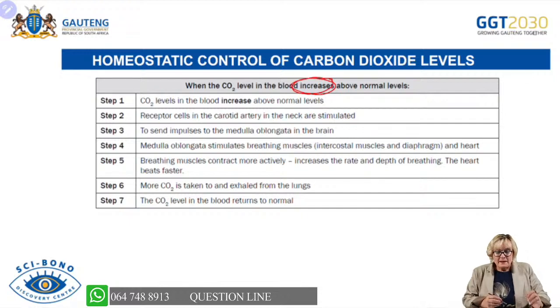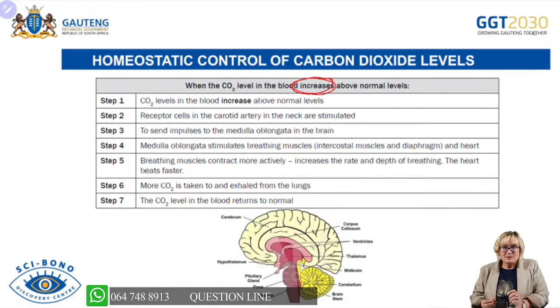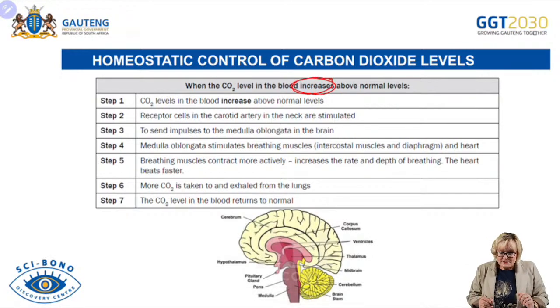And I've asked you this question: where is your medulla oblongata? Do you know in your body where your medulla oblongata is? If you don't know, remember this little picture. Can you see? There's the hypothalamus that we've already spoken about. There's the pituitary gland, that small little gland at the bottom of the hypothalamus.